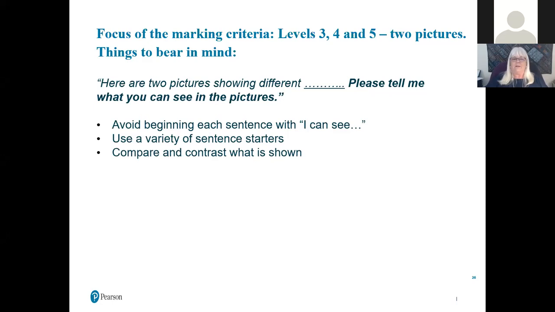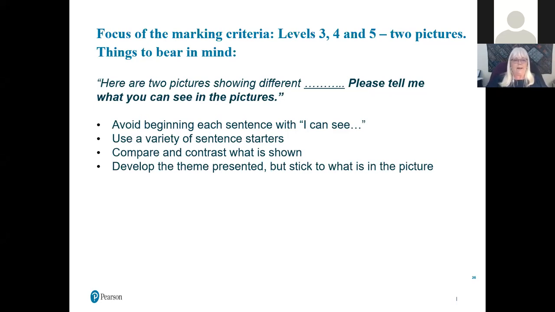That depends, of course, on the follow-up question they're asked. And they need to develop the theme that's presented, but stick to what's in the picture. Don't go off on a tangent with some story that it reminds them of. Stick to what's in front of them, develop the theme presented. There's enough material in the pictures that are given.